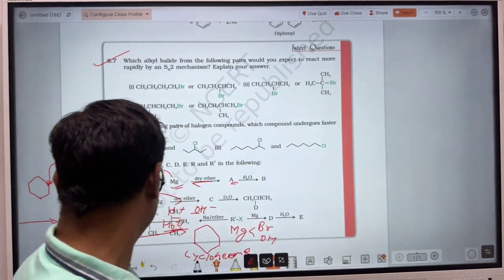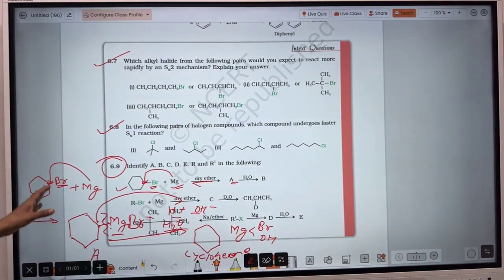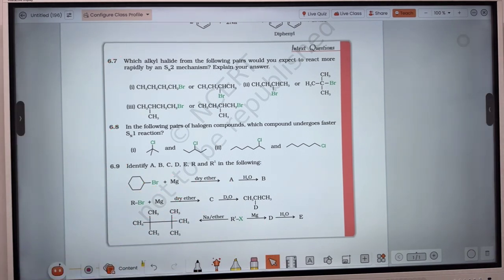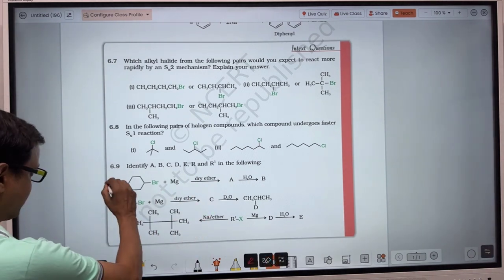Here, bromocyclohexane forms a Grignard reagent, cyclohexyl magnesium bromide, which reacts with water, so there is formation of cyclohexane, a cycloalkane. So that is this reaction.